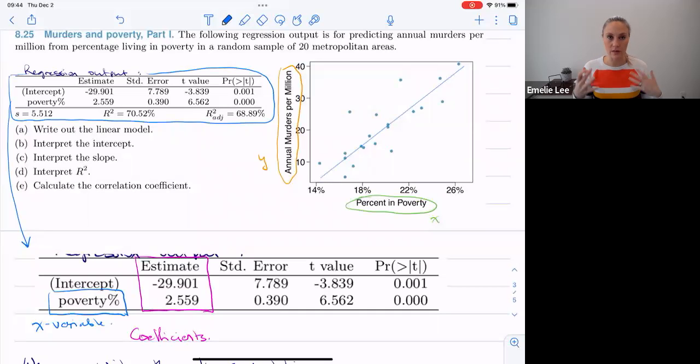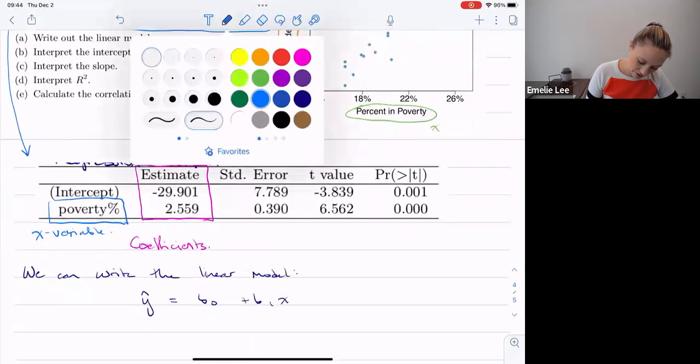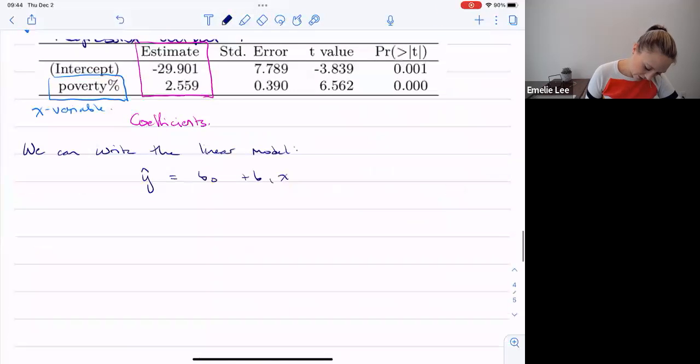The software, R, has done this for us and created this output. In fact, I'm going to remove that line because otherwise it might get confusing. So if we call y our murders, we can write this out as the murders hat.